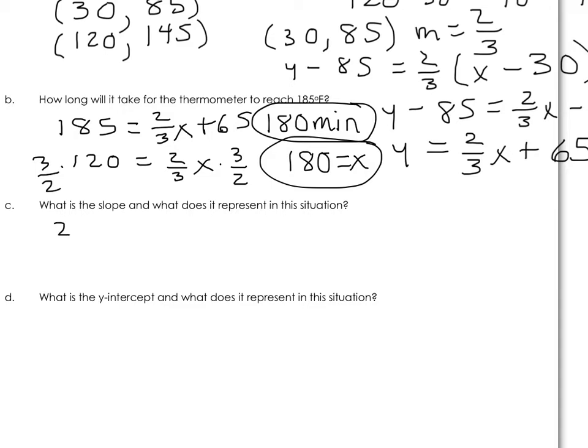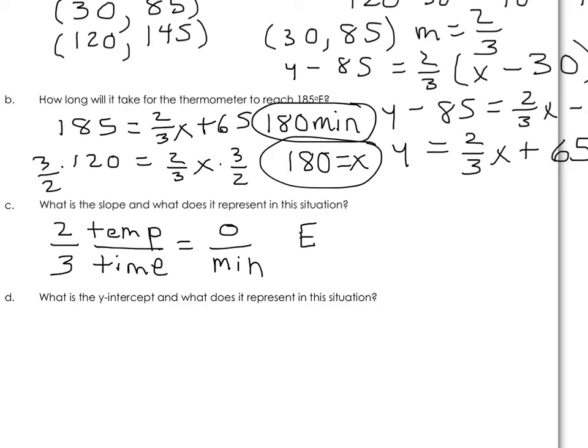What is the slope? Our slope is 2/3. And what does it represent in this situation? The numerator is y. Y measures temperature. So it's temperature over time. And that temperature is measured in degrees over minutes. So it's the change in the temperature over the change in minutes.